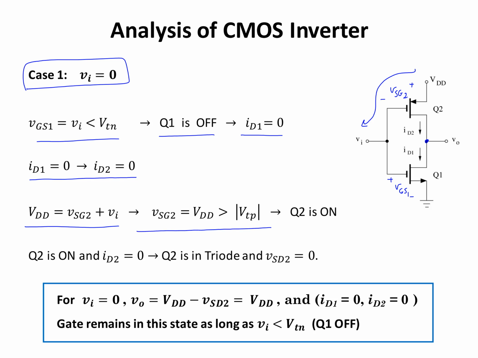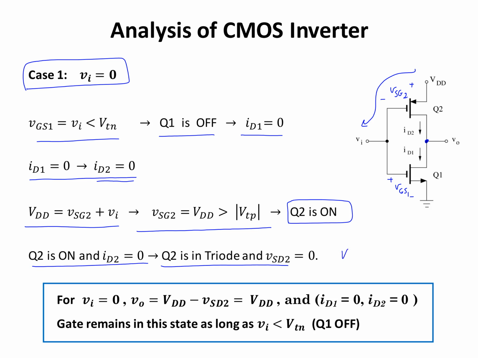So Q2 is on. The PMOS transistor is on and its drain current is equal to 0. This is the same case that we just saw, which means Q2 is in triode mode and voltage of source to drain for Q2 is equal to 0.